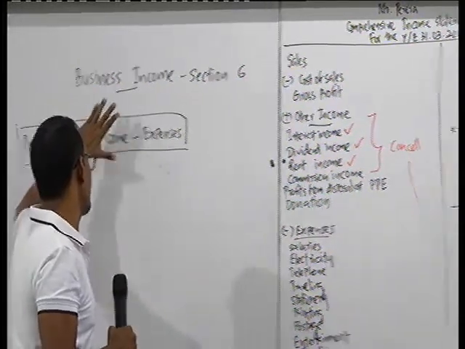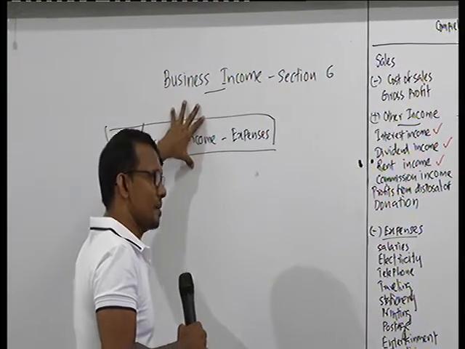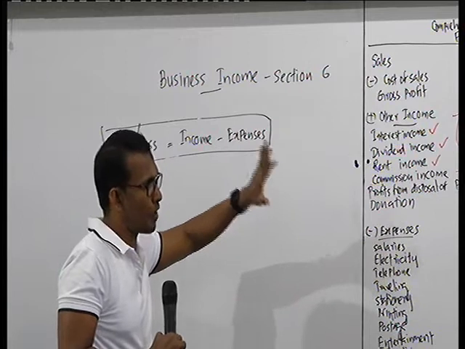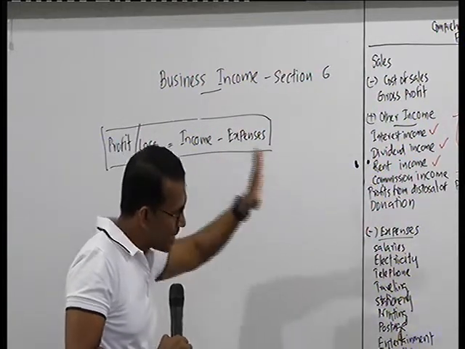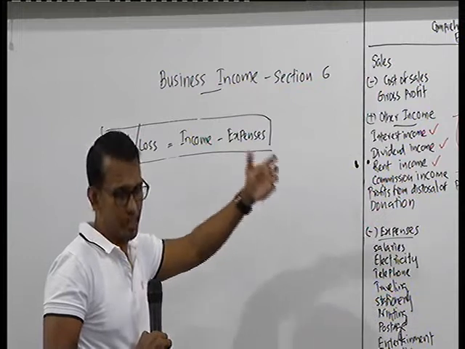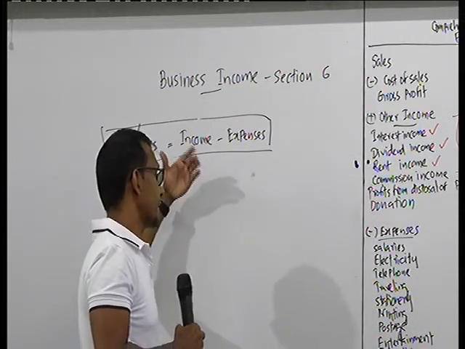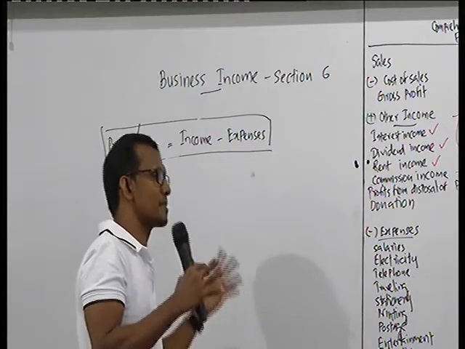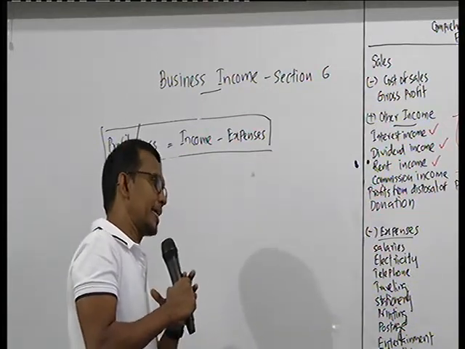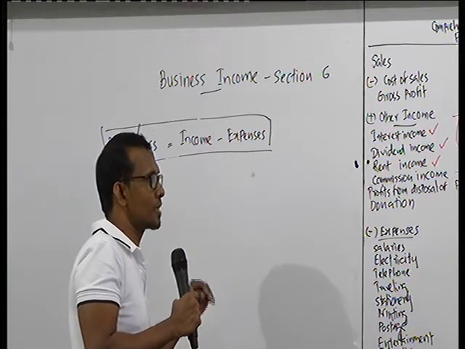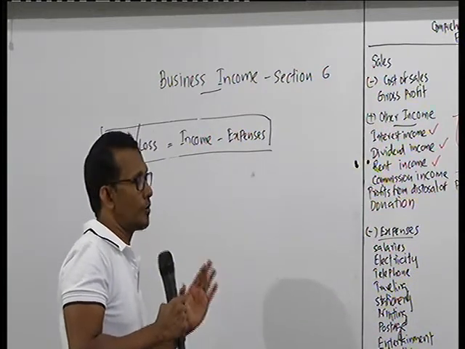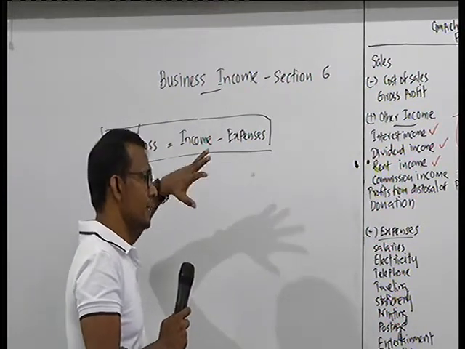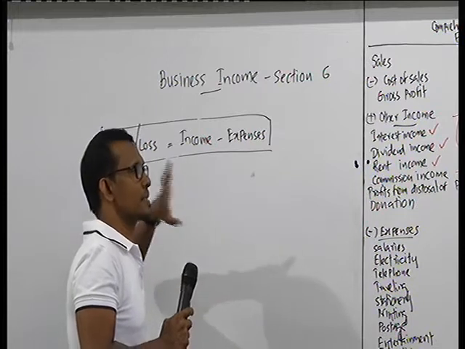Remember, what do we mean by the assessable business income for tax purposes? Again, it is the same as profit or loss from the business, but it is not calculated in the same way as for accounting purposes. Tax is very particular about what is business and what business activities are, and it cannot have any other activities which are totally not relevant to the business. So here we consider all the business related income and business related expenses.